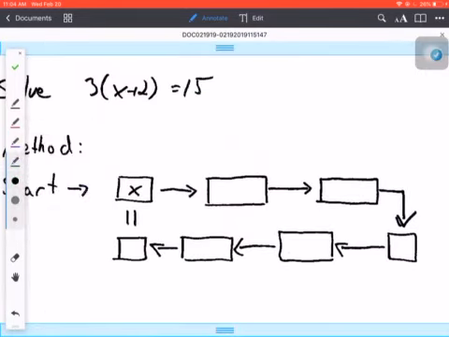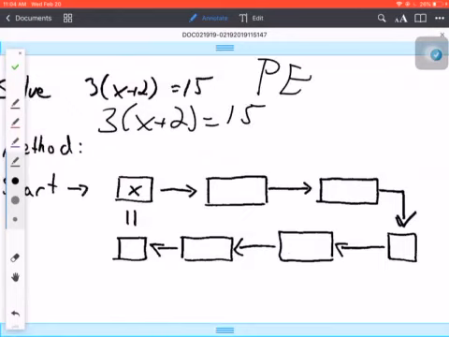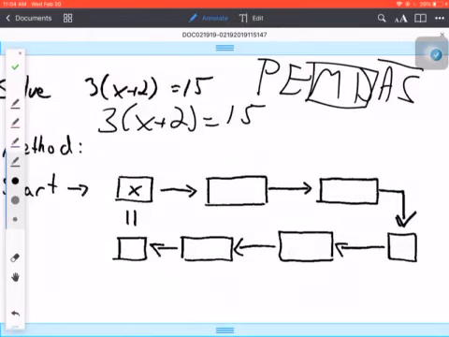Let's make this black. So 3 times x plus 2 equals 15. Remember, we always want to be looking at the order of operations. As we go through this, we want to go in this direction for the box method. So we do actually have parentheses.